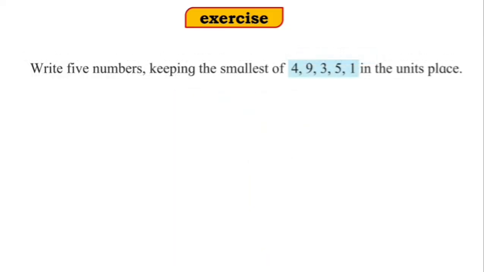Now next question is write 5 numbers keeping the smallest of 49351 in the units place. Given digits are 49351. And children, in this question, here we have to keep smallest digit in the units place.